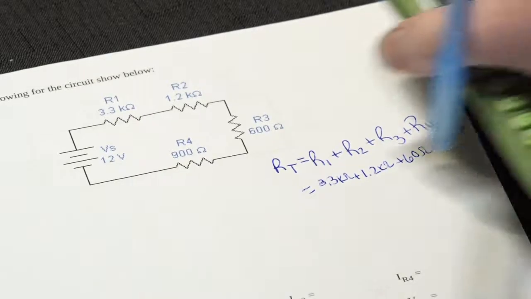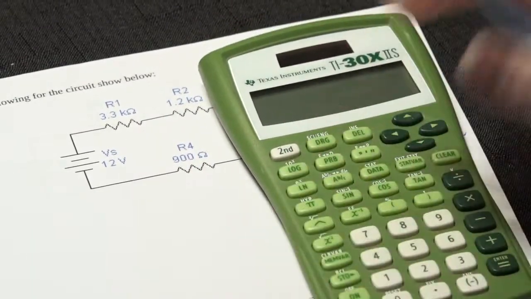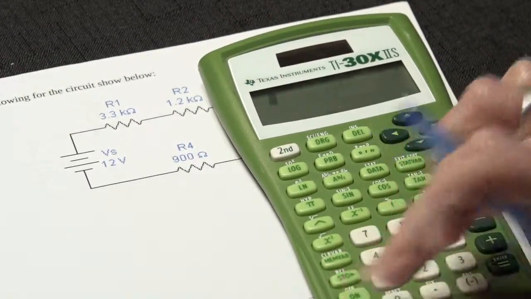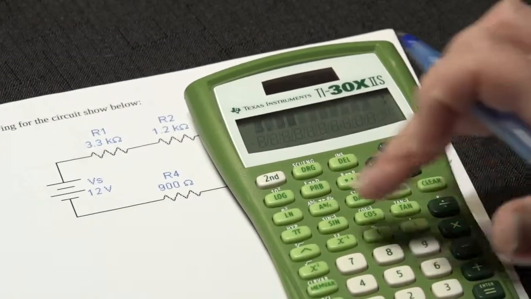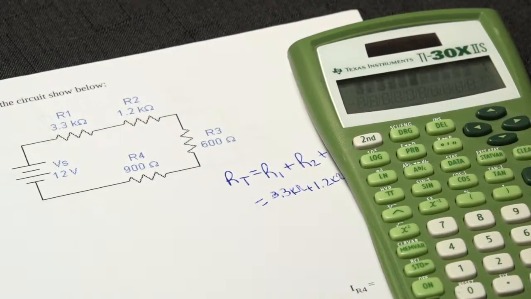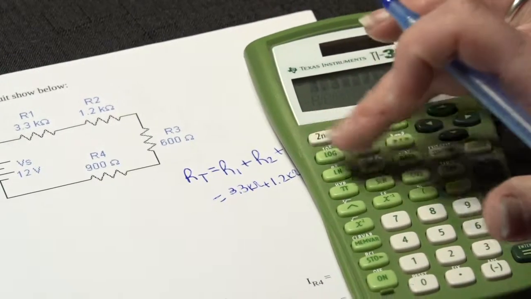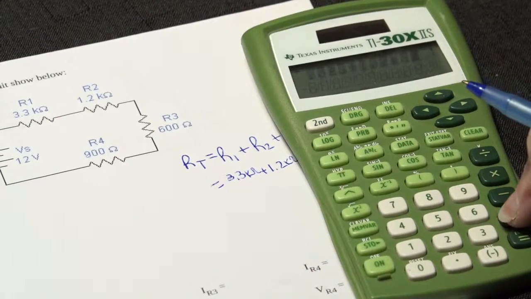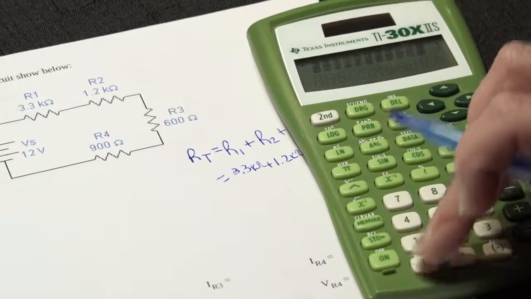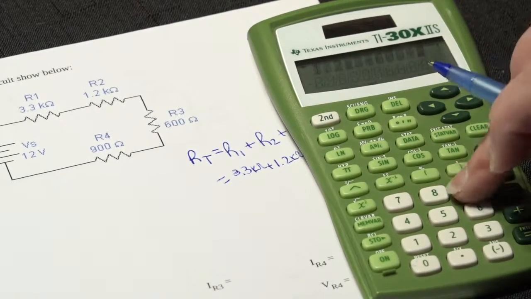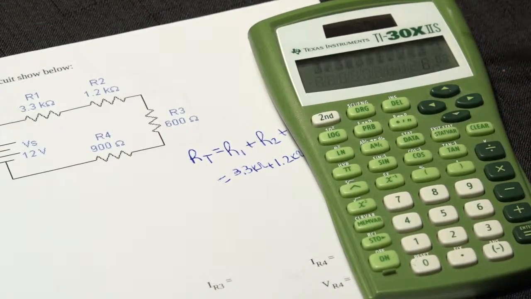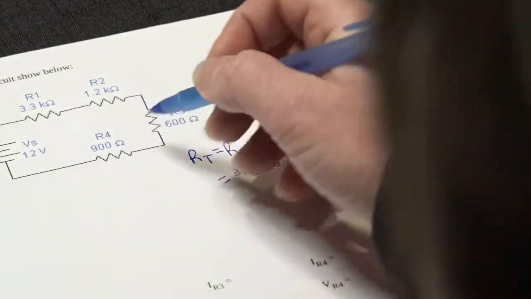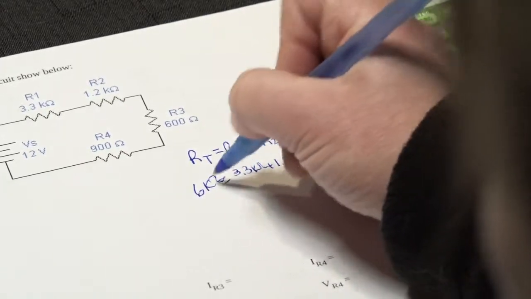Well, let's get the calculator out. Alrighty, so gotta turn it on. 3.3K plus 1.2K, and don't forget the K's when doing the calculation, plus 600 plus 900 equals 6, and 10 to the third means 6K ohms.